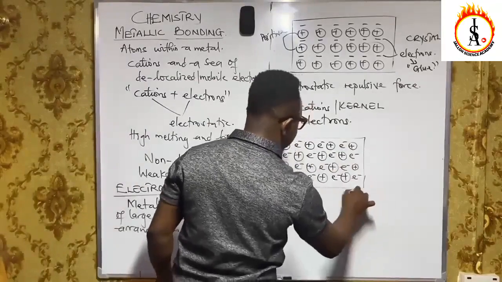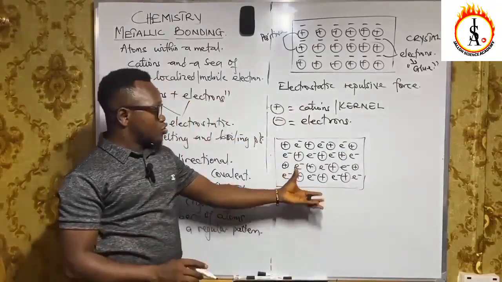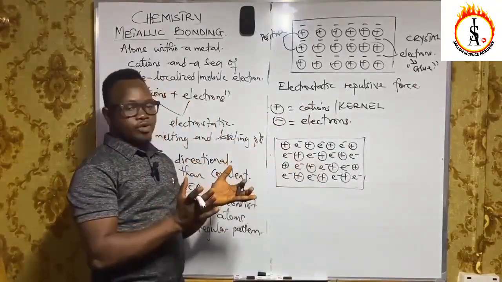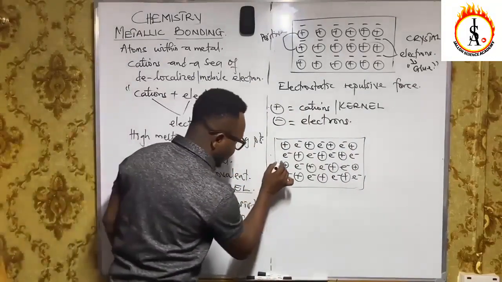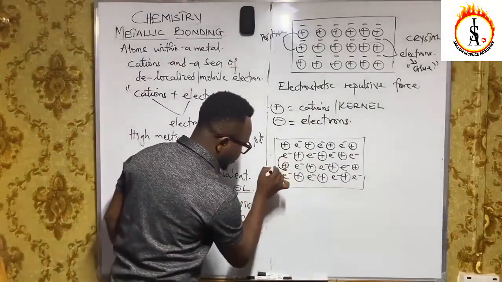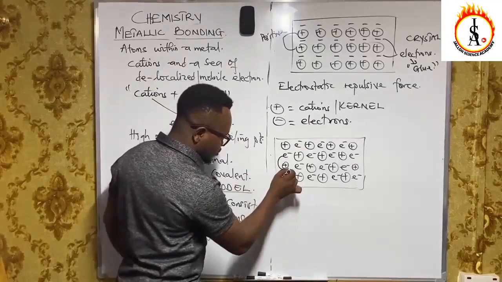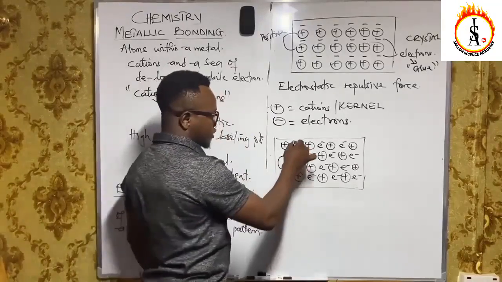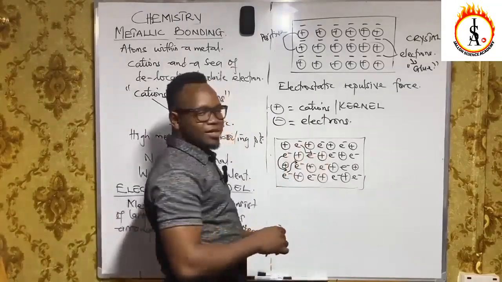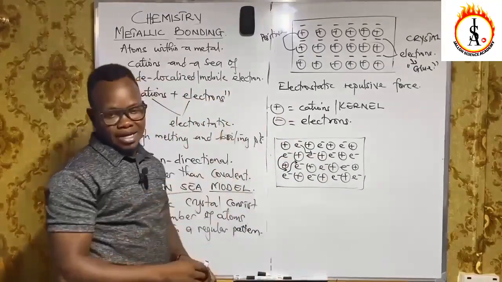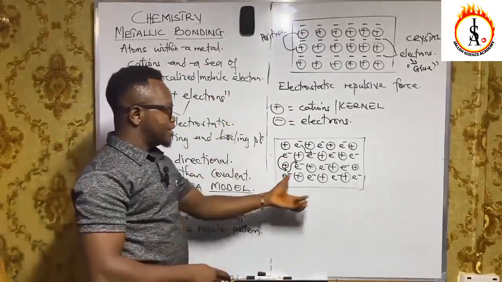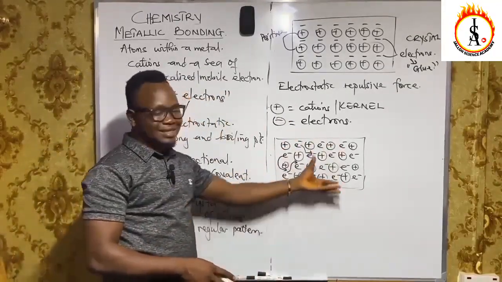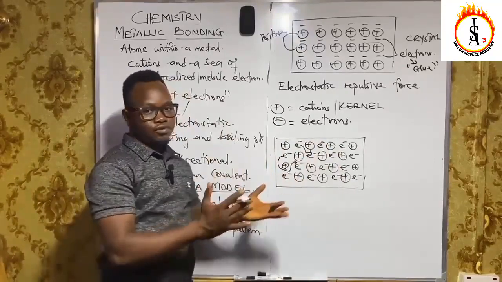So it is better represented like this. So this is how they are held. And this electron can leave this field of influence and enter this field of influence. This one can leave this field of influence and enter this one. This one can leave this and enter here. So they are mobile, they can move about the lattice, as far as they are inside this lattice.